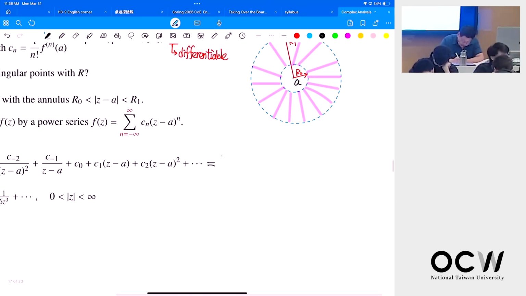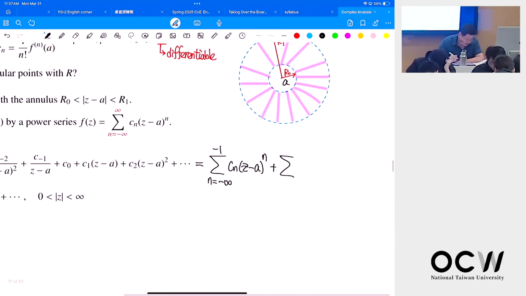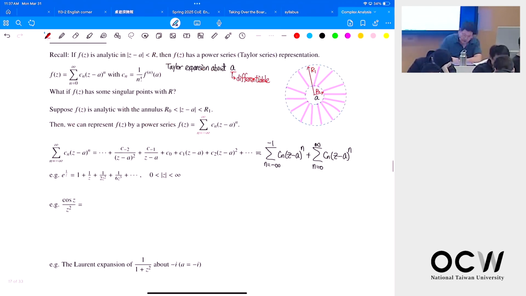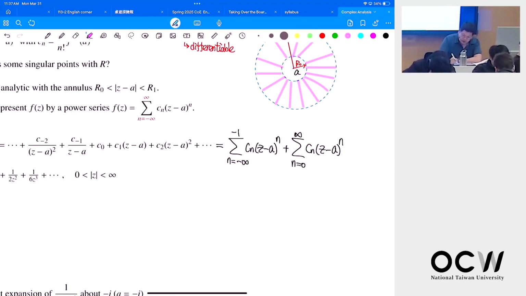You can think about this expansion as two parts: n from minus infinity to minus 1 of Cn (z minus a) to the n, and also our Taylor series part, n from 0 to infinity of Cn (z minus a) to the n. So this is the Laurent part.